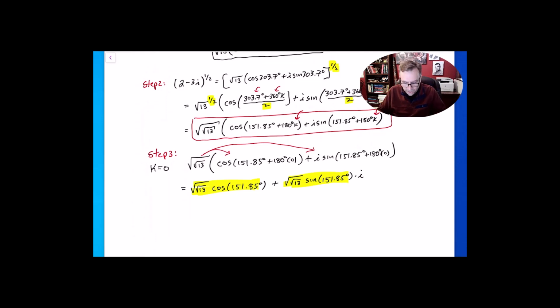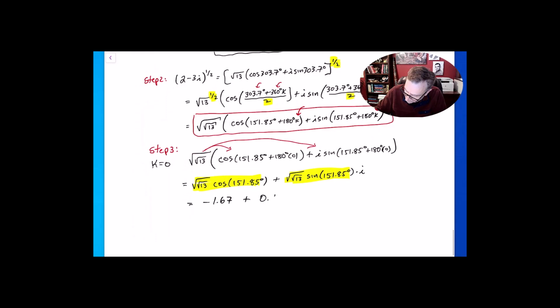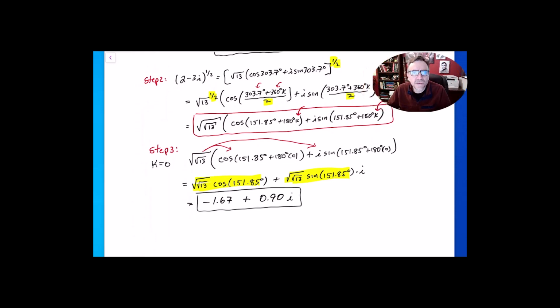Okay, when you do that on a calculator you get negative 1.67, and then when I do that on a calculator I got 0.90, just rounding off to 2 places, times I. Okay, so that's the first square root.